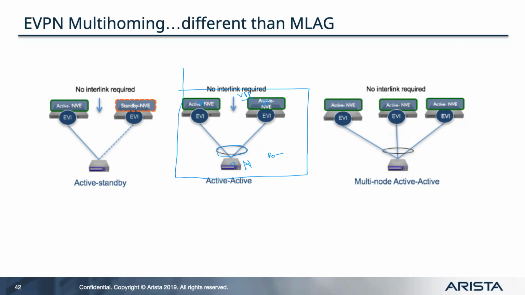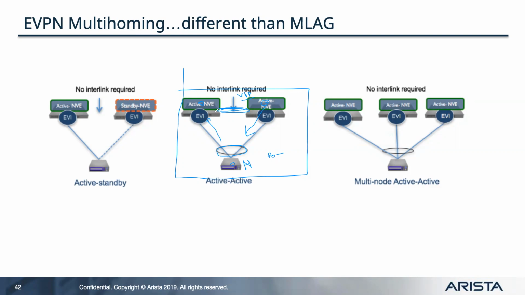See, one another issue is ARP request, right? Let's say you want to know the ARP for this host, this guy has sent an ARP request, but the reply might go here, right? With MLAG and the VXLAN agent, we used to sync this ARP request and reply, but in this case you don't have anything, correct?